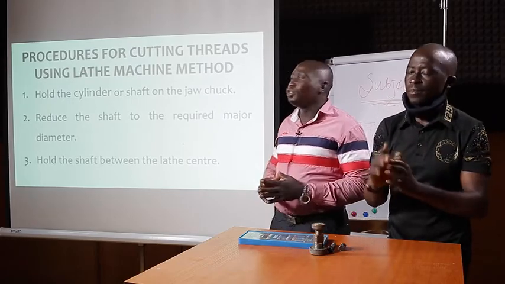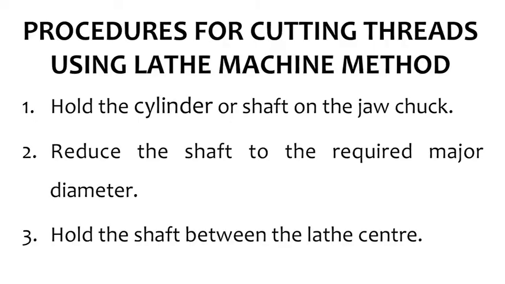Now, the first procedure is hold the cylinder or shaft on the jaw chuck of the lathe machine. 2, reduce the shaft to the required major diameter. 3, hold the shaft between the lathe machine centers.